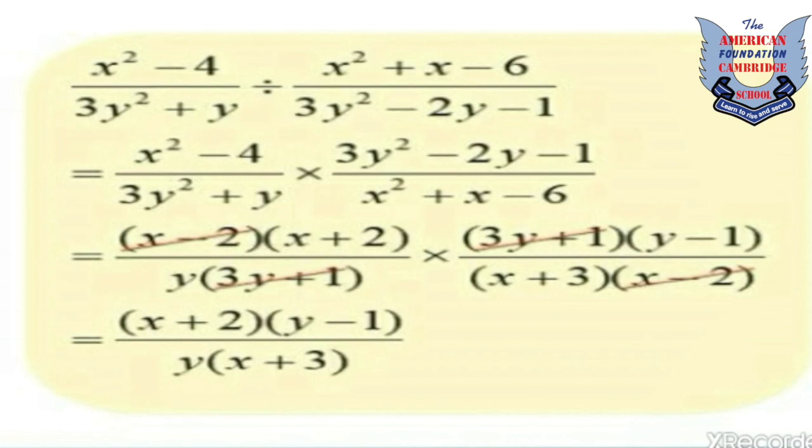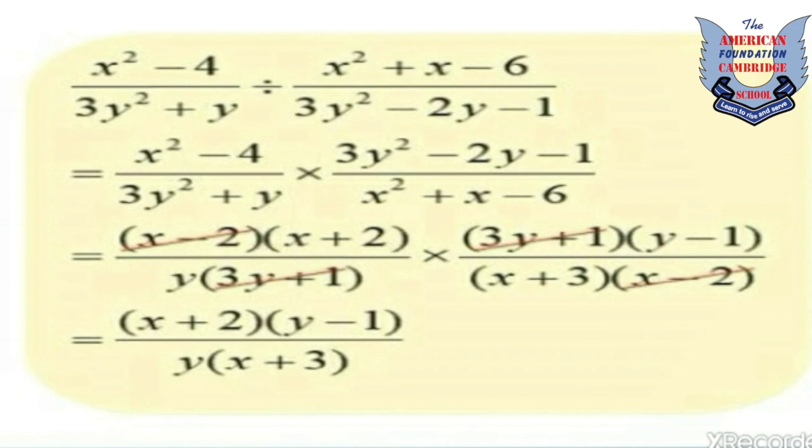The numerator of the first fraction can be factorized by applying the algebraic formula a² − b² = (a + b) into (a − b). x² − 4 is a difference between two perfect squares, so it can be written as (x − 2) into (x + 2) after applying the formula.